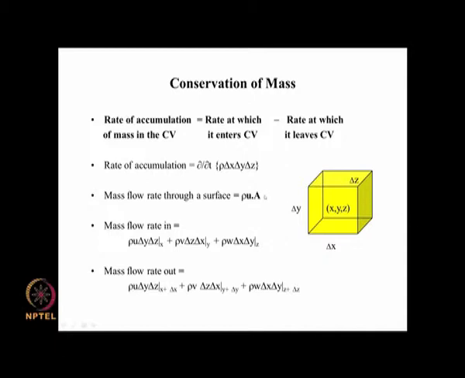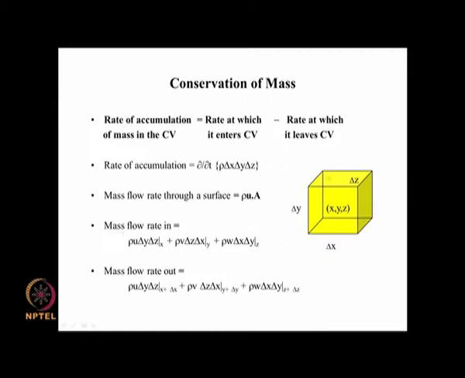Okay. So that means that the outward normal vectors for each of these faces are aligned in either the x direction, y direction or z direction. So that means that we need to multiply only by the corresponding velocity component in order to get this.